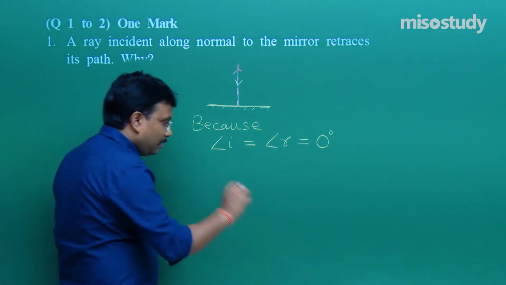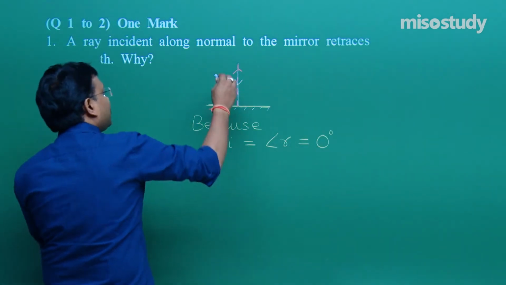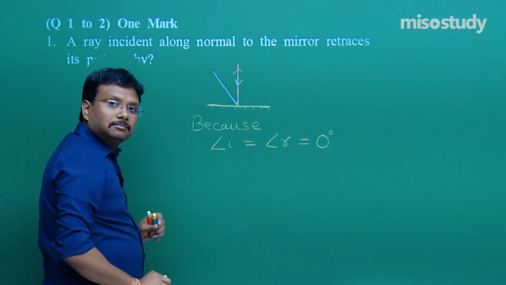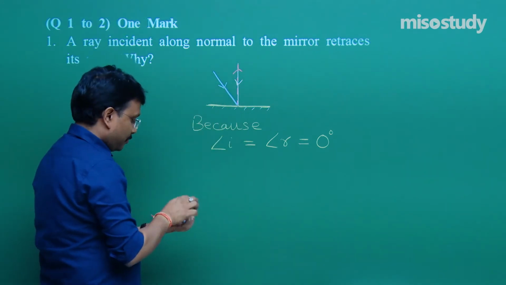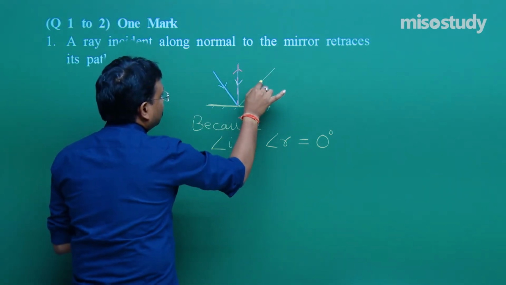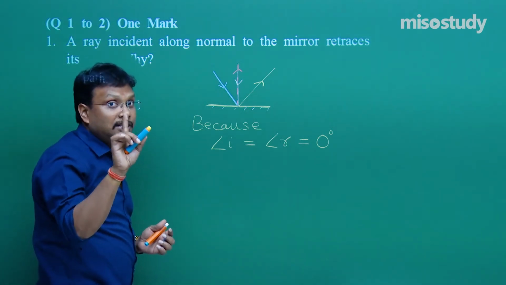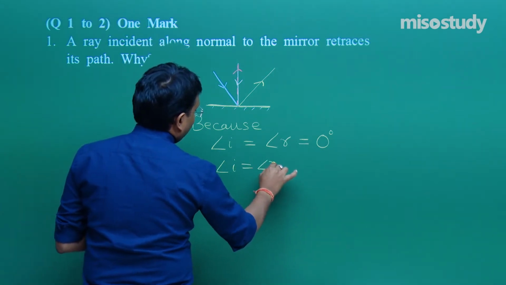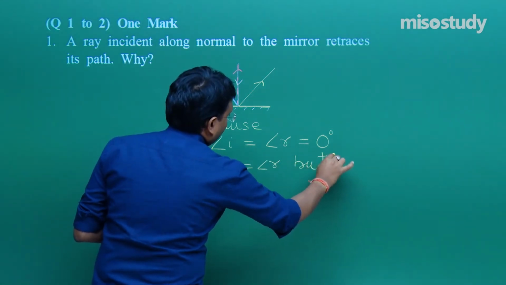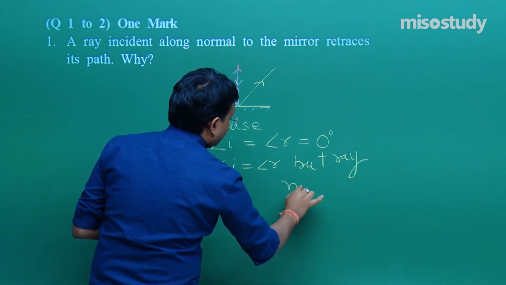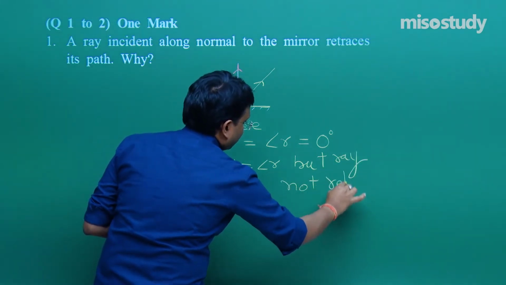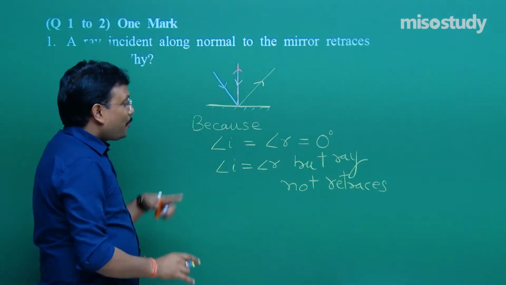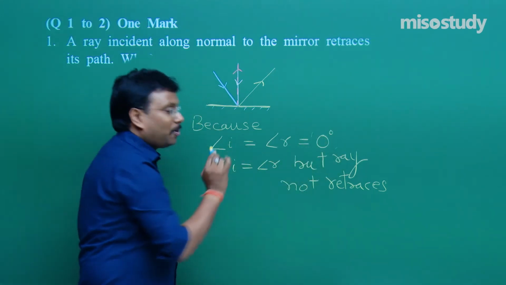For example, with this blue chalk, let us say the light ray comes along this path, so it will follow this path. In this situation also angle i is equal to angle r, but the ray does not retrace. So basically this angle is responsible.